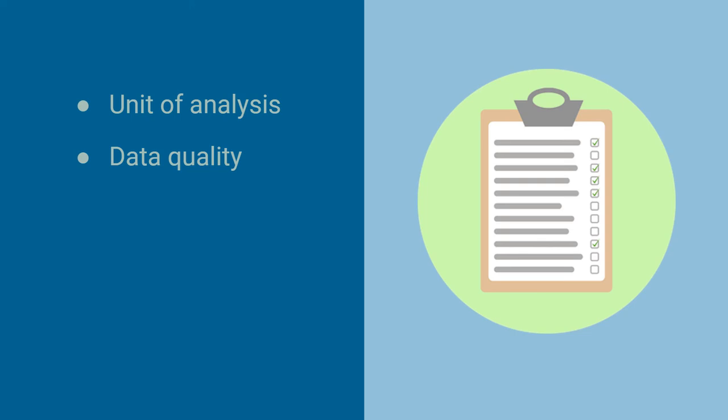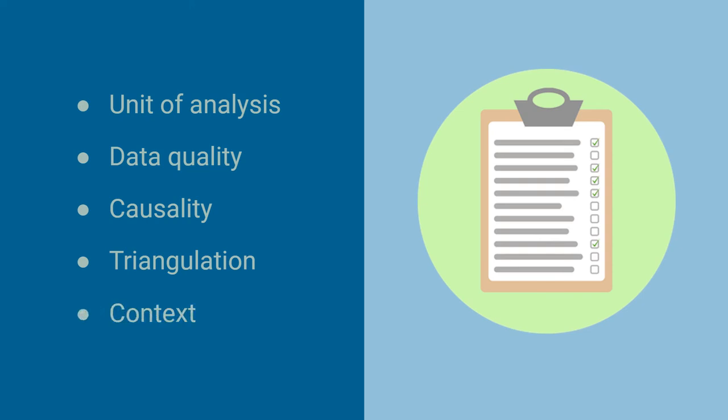As you produce reports, whether a simple data table or a complex data dashboard, we look to you to carefully consider causality and to triangulate your findings with other reports or data sets. Finally, we encourage you to provide contextual information that is needed or is advantageous in interpretation.